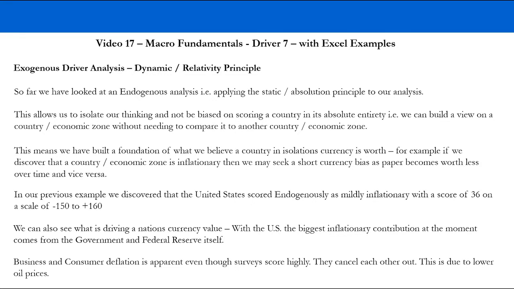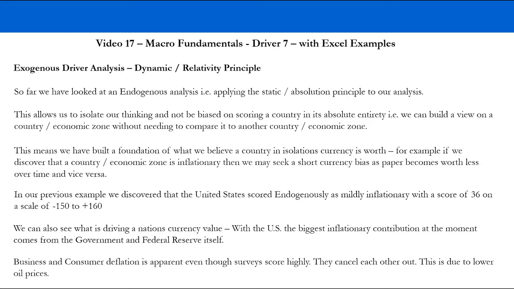If we see deflationary conditions, then because prices of goods are going lower, the paper itself is becoming worth more. It can buy more goods. So we look to have a long currency bias in those circumstances.